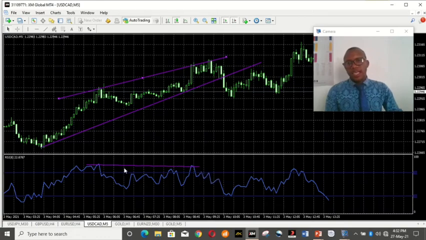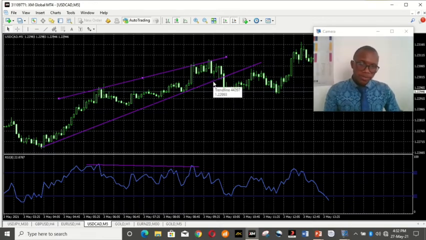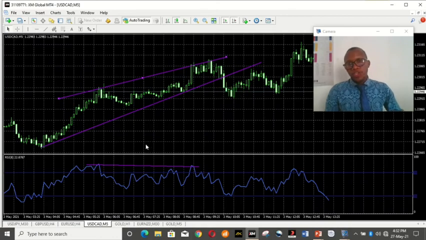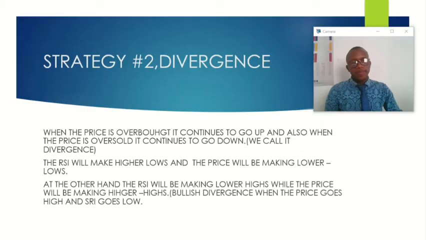The RSI is not horizontal, but it's going down, but the market is going up. This is called the bullish divergence. During this time, you must be able to detect when and how the market should be treated, and you don't solely rely on the RSI as your entry indicator.